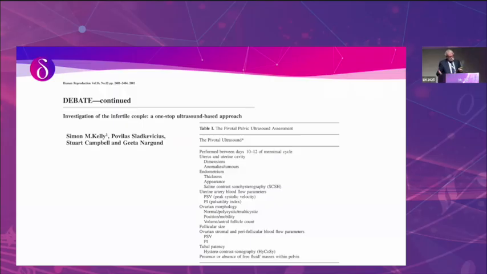During these 20 years, some of this information, these tools, are not useful now because probably nobody takes information about peak systolic velocity and so on. But all this information is very important also now.